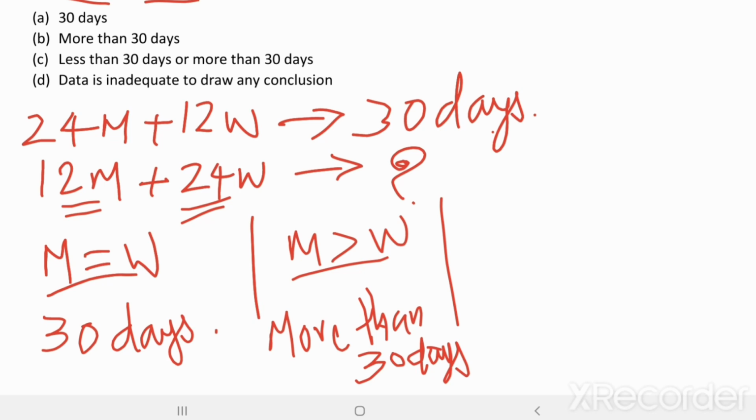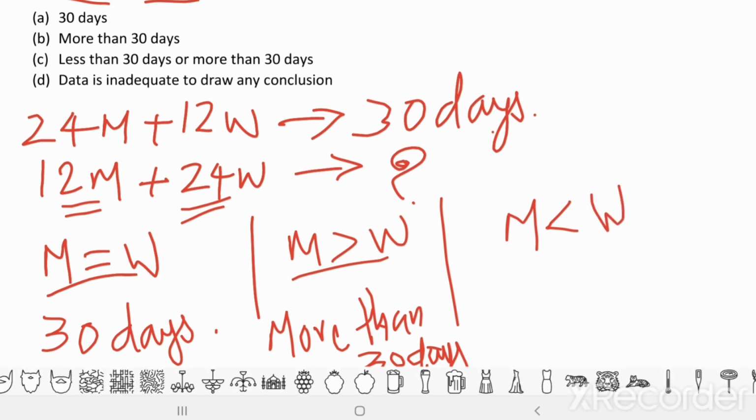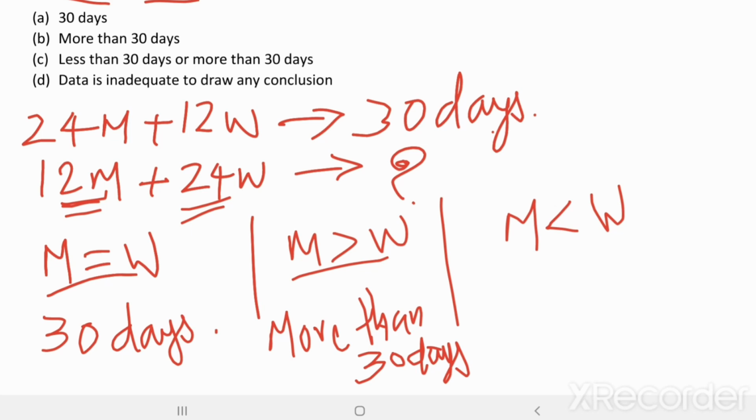If a man is less efficient than a woman, then less efficient men are replaced by more efficient women. That means they can finish the work in less than 30 days.